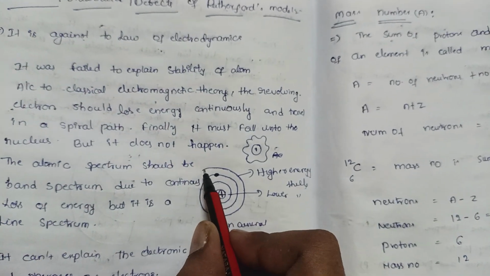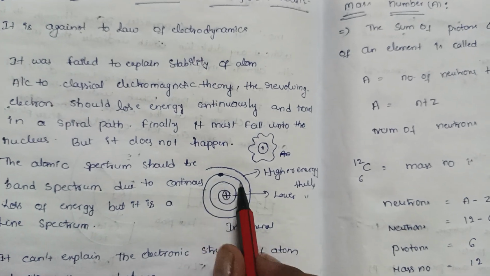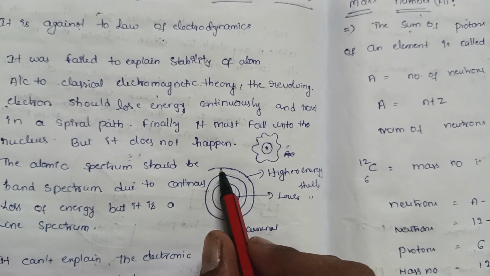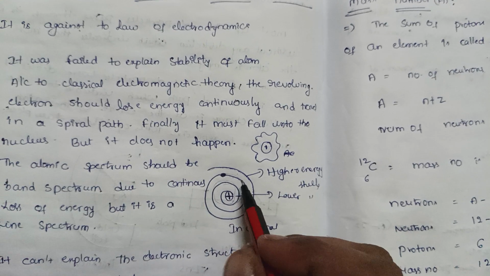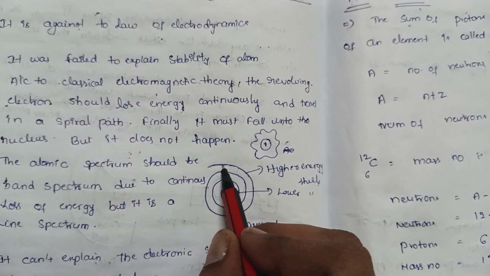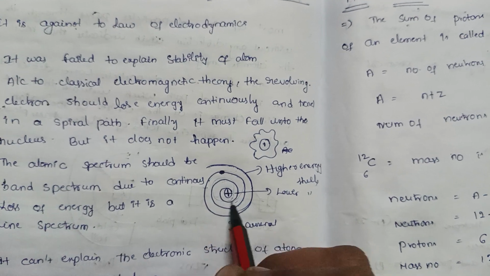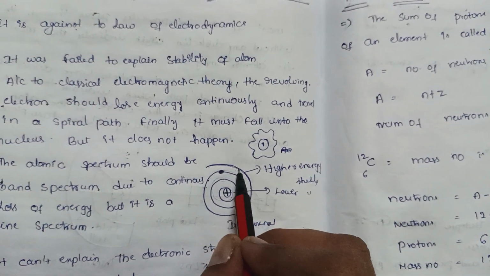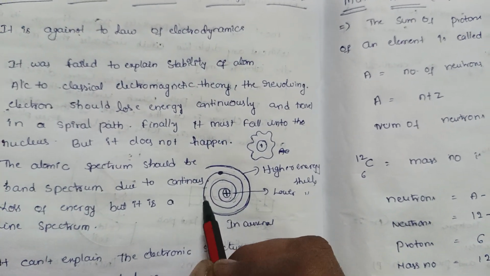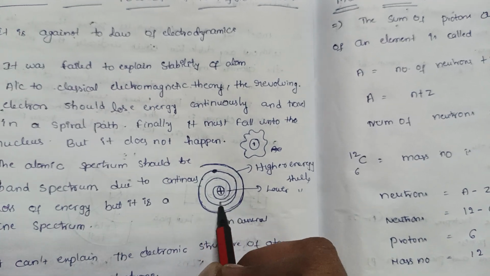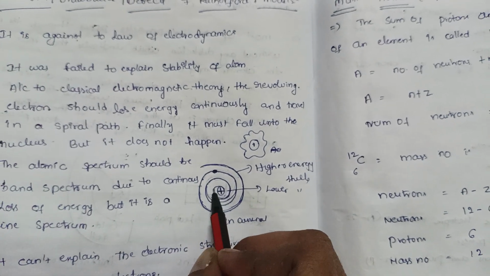Whenever an electron revolves around the nucleus, it must lose energy, and whenever it loses energy, it must fall into the nucleus.